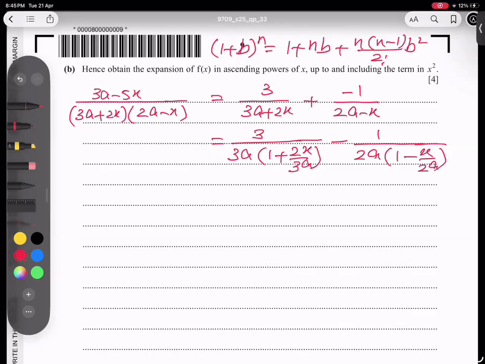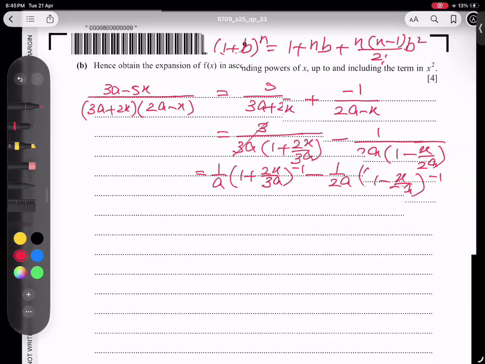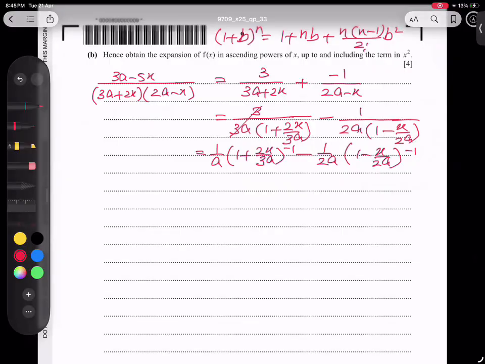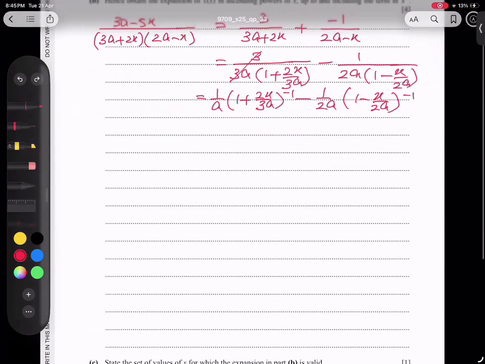Now I'm bringing this up and this up, and then I will apply the formula. 3 cancels out, 1 by a, and 1 plus 2x over 3a to power -1, and 1 over 2a, and 1 minus x over 2a to power -1. So students, I hope this much is clear. This is the most important step, because students mostly make mistakes at this level especially. So this is done. Now I'm going to apply one by one.